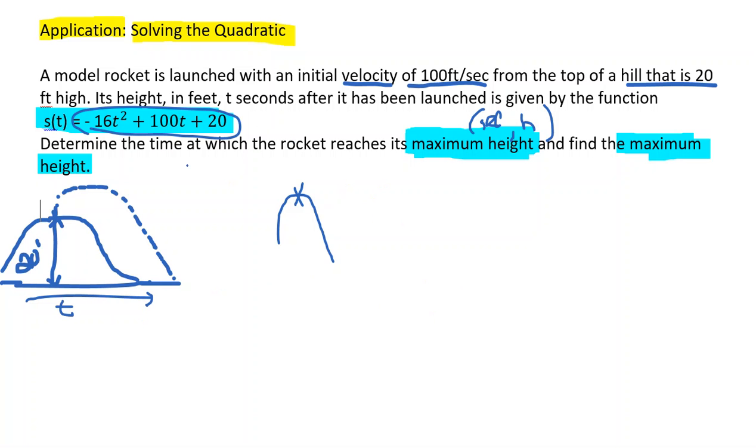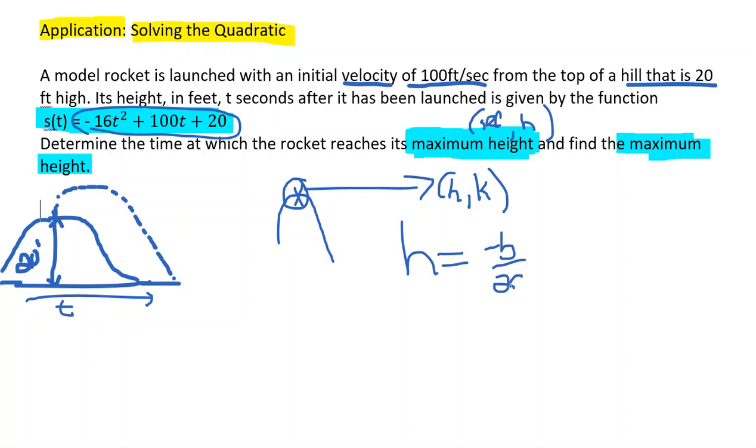So let's solve for it. Well, in order to solve for it, we need to use the vertex formula to find that one, where it's (h, k), where h is negative b divided by 2a. Well, we got negative, and our b is 100. That's divided by 2 times a, where a is negative 16.